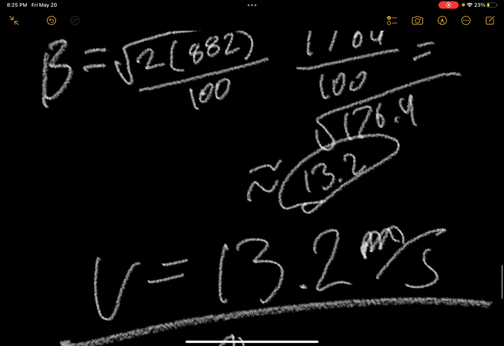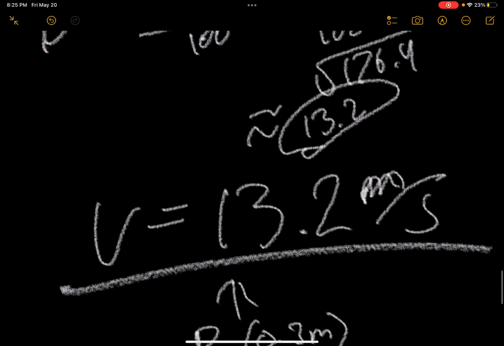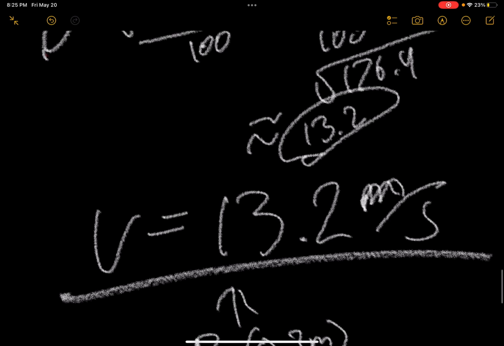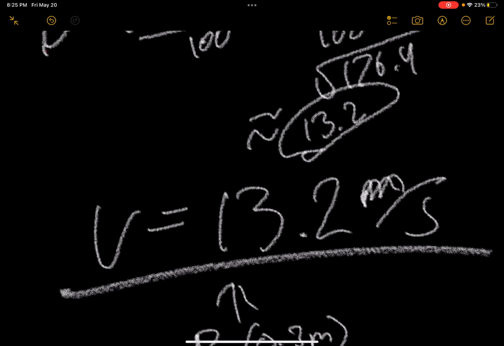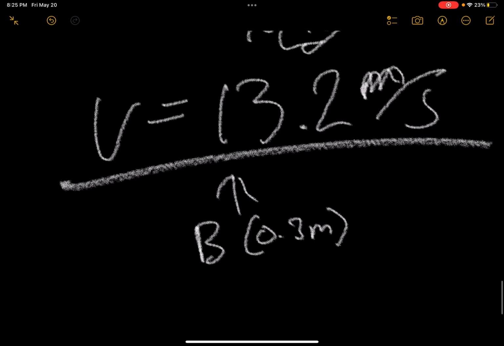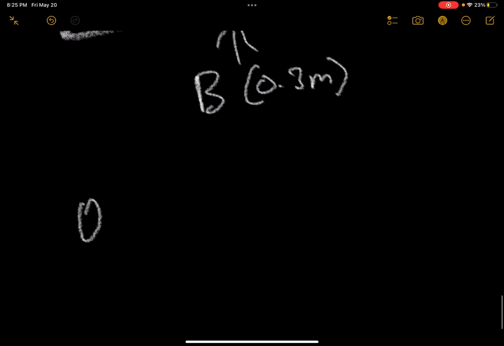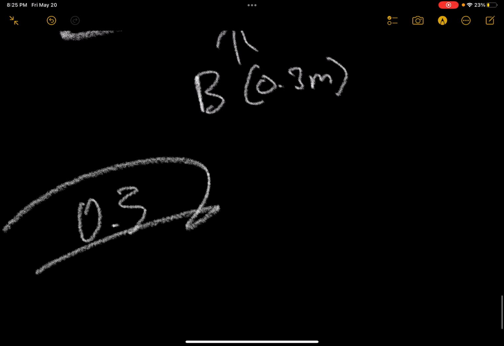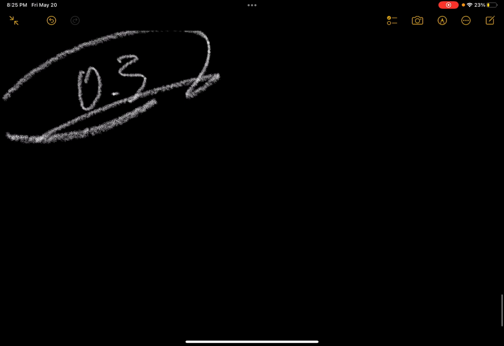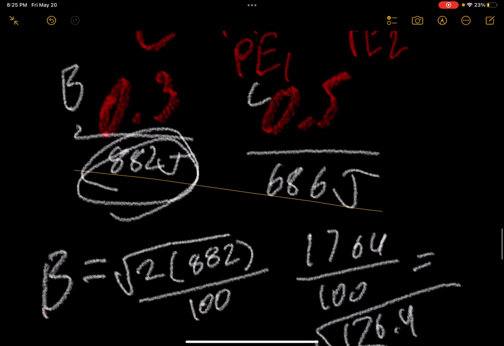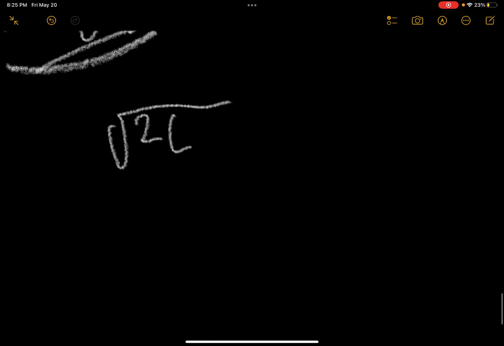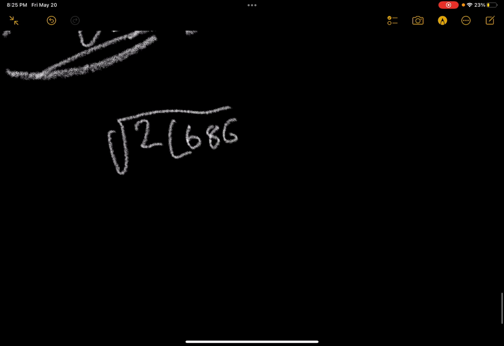Now in this equation, we can calculate the meters per second for any given height with the mass and the kinetic energy. Correct? So now let's just do this for C real quick. 0.5, that's our height. If you plug this into our equation, our kinetic energy for C is 686 joules, over 100.